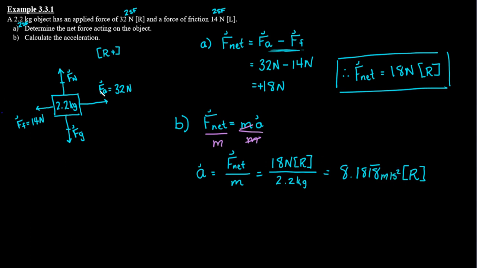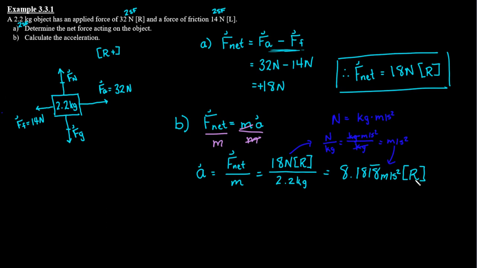Okay, and for a little bit of unit analysis, remember the way that works out is a newton is equal to a kilogram times a meter per second squared. So if I have a newton divided by a kilogram, that means I have a kilogram times a meter per second squared divided by a kilogram, which cancels your kilograms and leaves you with only meters per second squared.